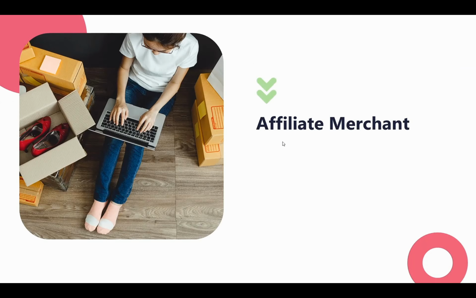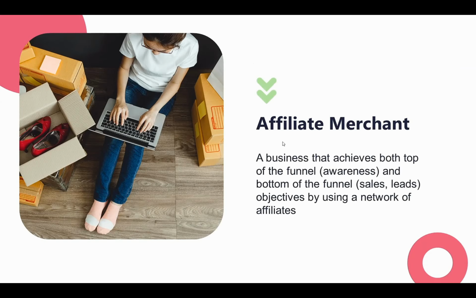But just so that you can follow things properly, as this will come up a lot, an affiliate merchant is a business that achieves both top of the funnel, so things like awareness, and bottom of the funnel, sales and leads objectives, by using a network of affiliates.